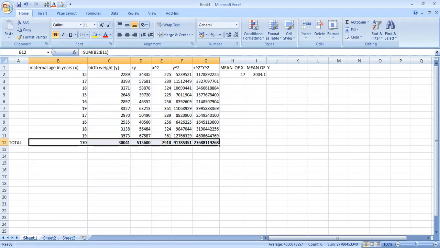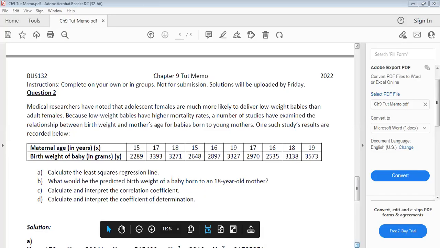Then I'm going to stop sharing this. You go back to your question and you just punch your answers into the formulas. So they are saying, calculate the least square regression line.